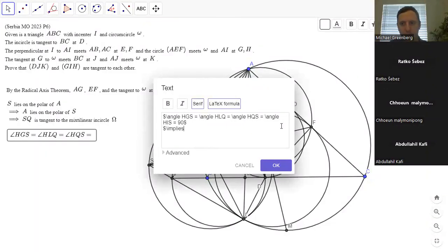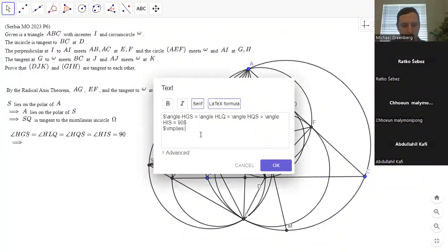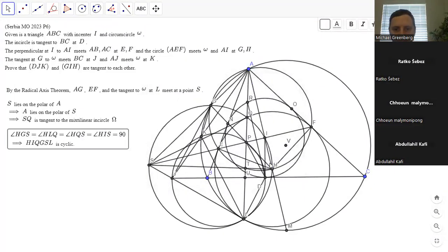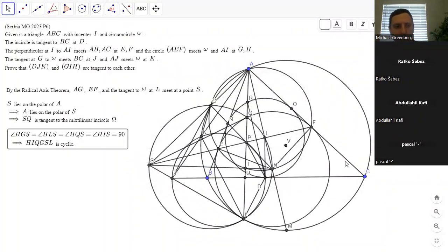And that means that HIQGSL is cyclic. This should be HLS. All right, so that's the next step.